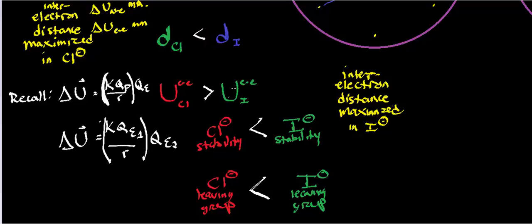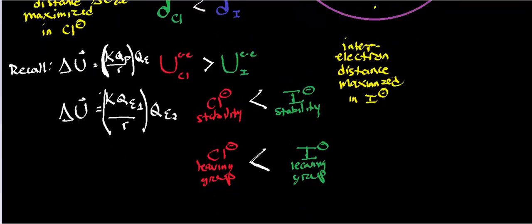It's iodide, because the inter-electron distances are a lot larger. Now, remember that potential energy has a lot to do with stability, okay? Iodide clearly has the lowest potential energy, therefore it's the most stable. Okay, iodide's the most stable.